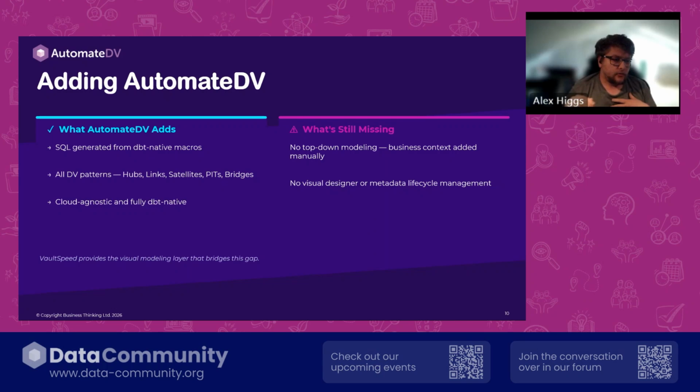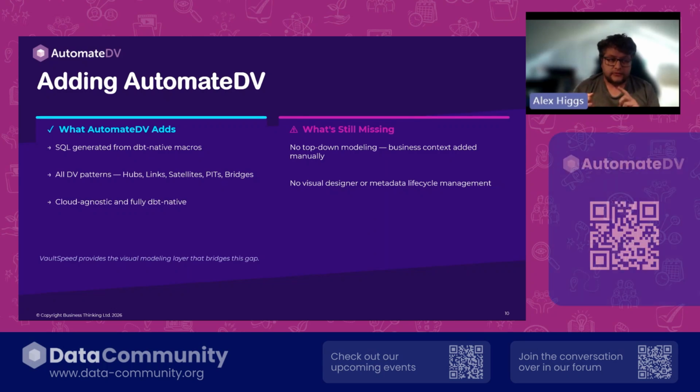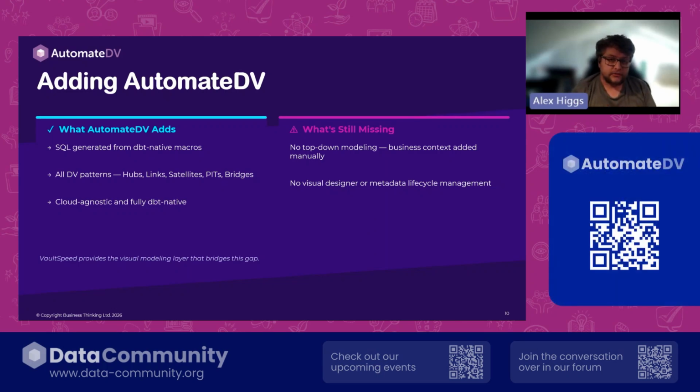Where AutomateDV comes in is we generate the SQL, so the hubs, links, and satellite SQL in this case, and more. There's other Data Vault 2 templates available as well with AutomateDV. And because of the way DBT works, it doesn't matter what platform you're on. AutomateDV can support building cross cloud.